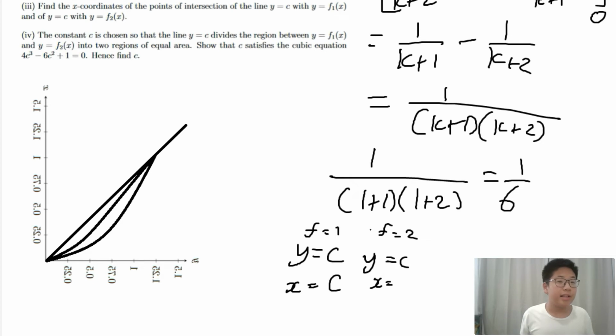Now we use the inverse function to our advantage, because we don't have to do any square roots. In fact, the answer doesn't involve any square roots at all, because for y equals c the inverse function gives x equals c, and then this old x will be c squared.